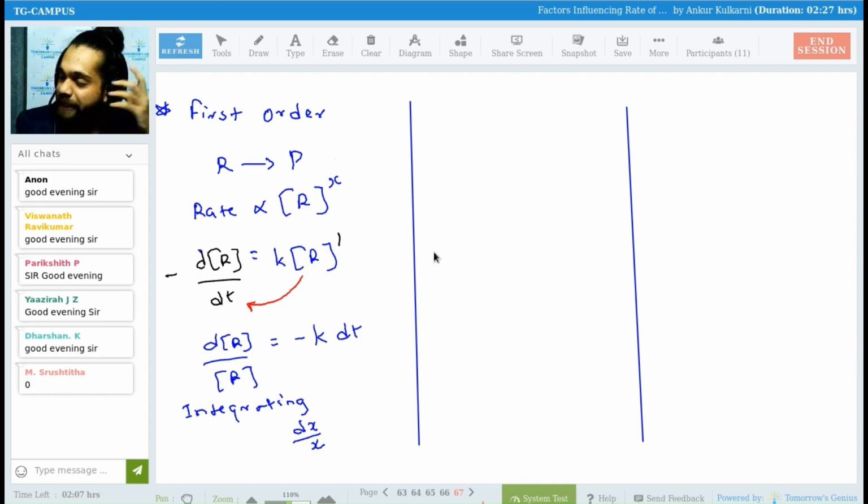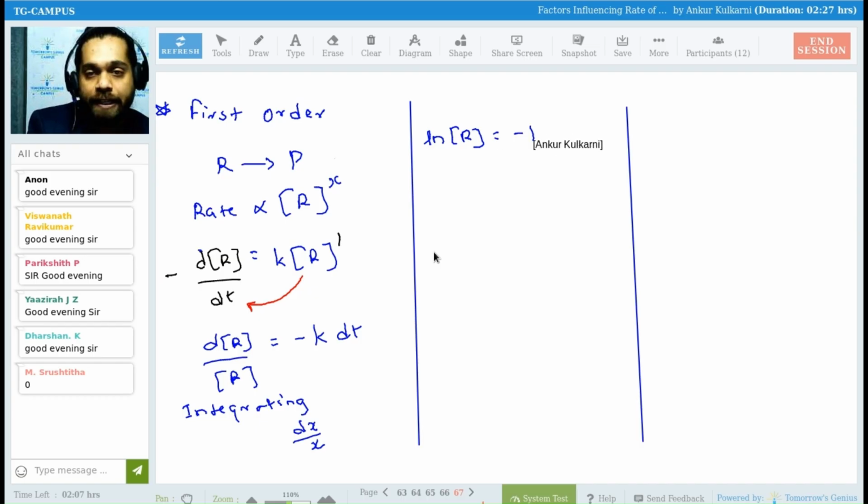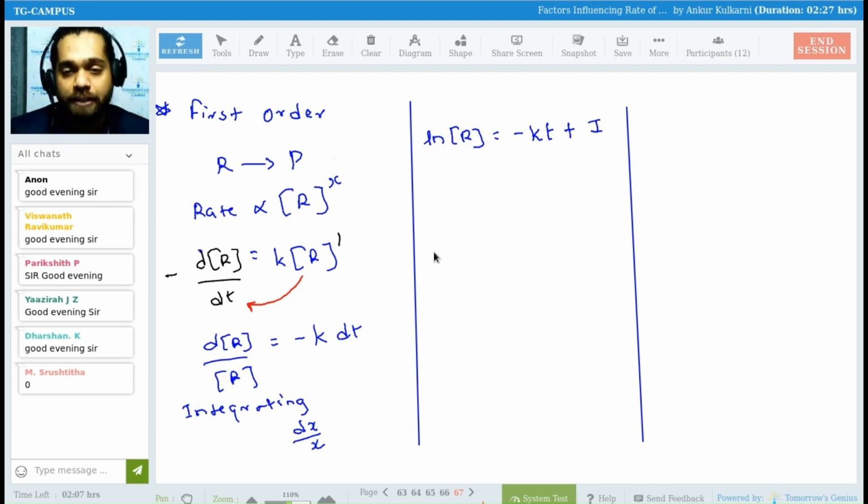It is nothing but ln x. Similarly, if I integrate dR by R, it will be ln R. And minus k will be as it is, and dt will be t plus I. Minus kt plus I. Is everyone clear with the step? Yes or no in the chat box?